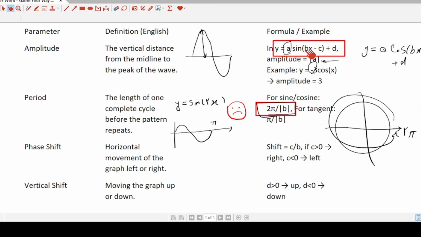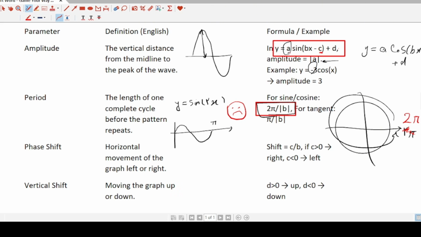B gives compression or expansion. C gives horizontal shift and D gives vertical shift. So, D is vertical shift, C is horizontal shift, B is horizontal stretch, and A is vertical stretch.